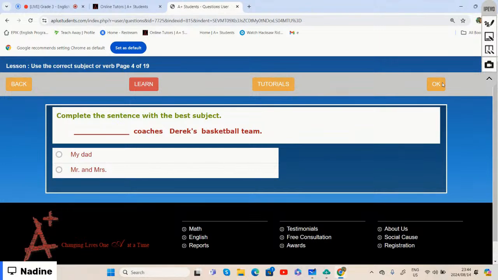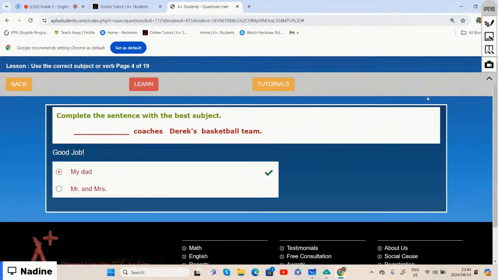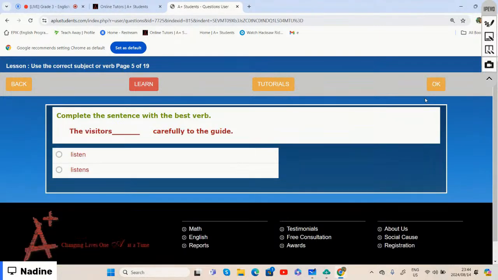All right, and if we were to choose the correct one, we can say my dad, referring to one person, coaches Derek's basketball team. So well done. Option one is correct.